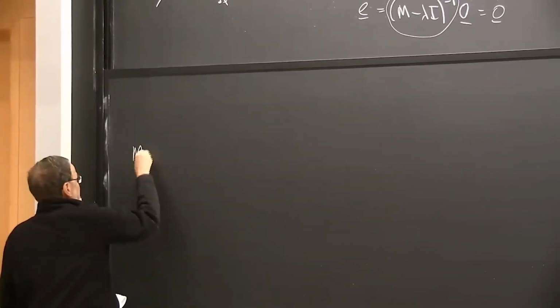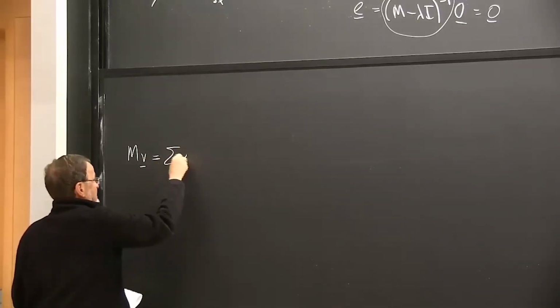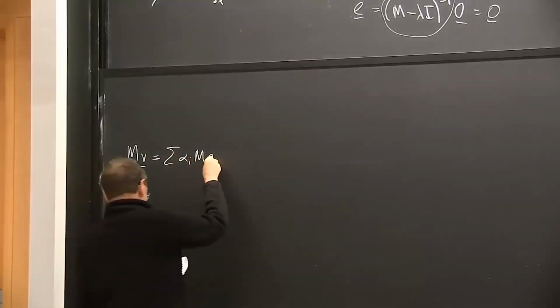So then let's look at Mv, which is sigma alpha i m.